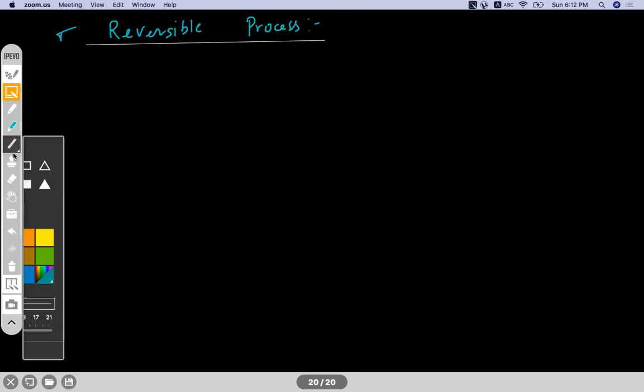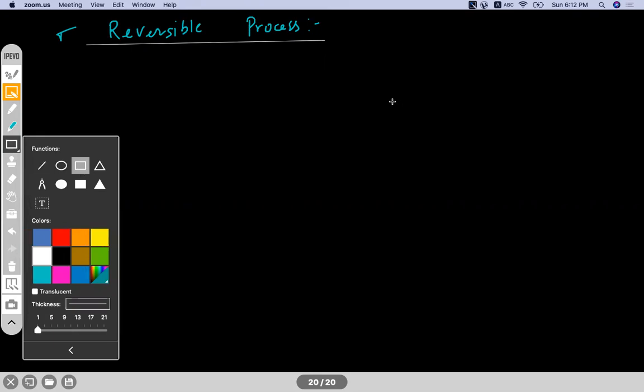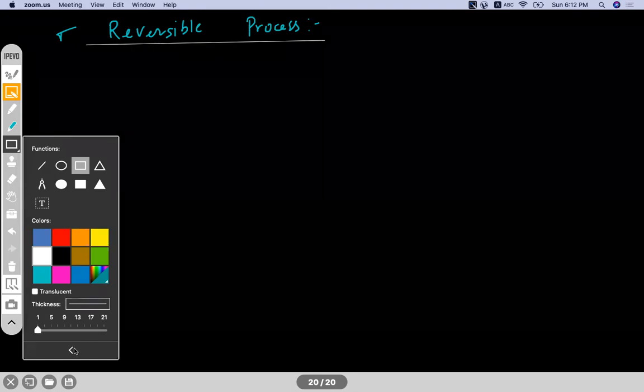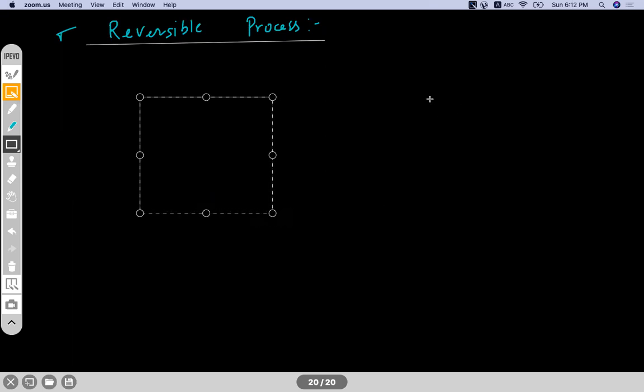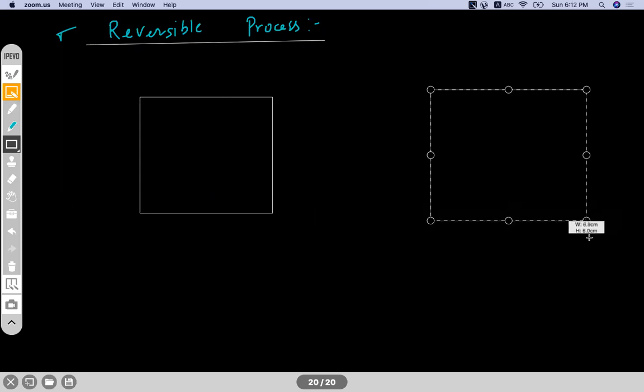To understand this, we are taking a piston cylinder system. Okay. Copy this figure on the graph with me, all of you.